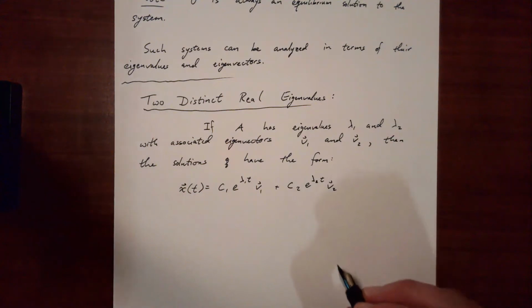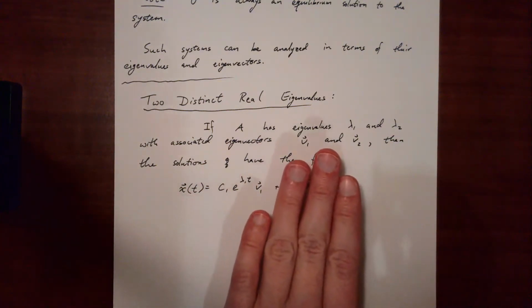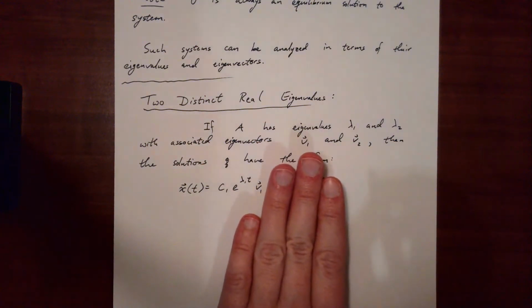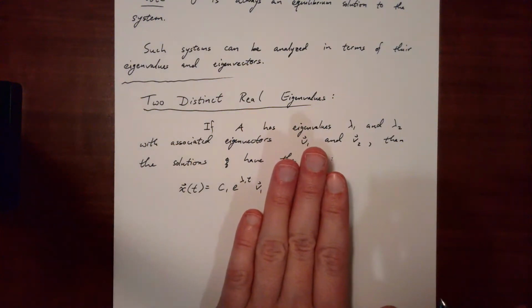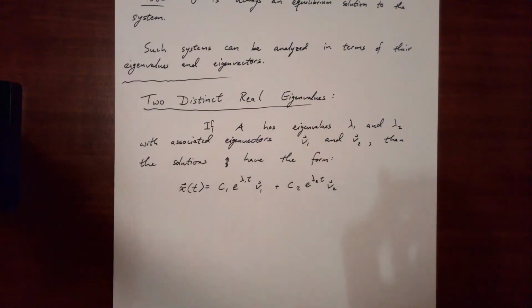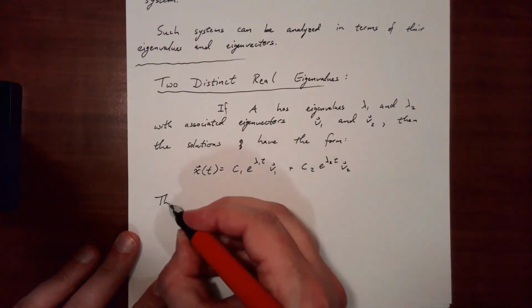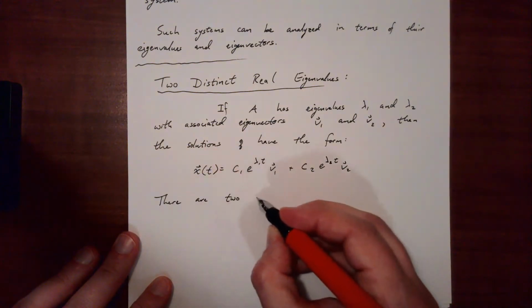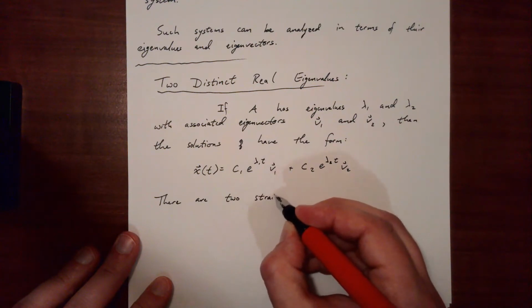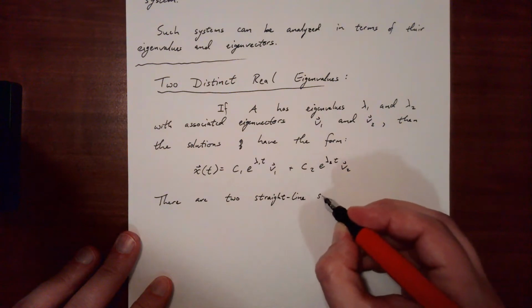Now, if we untangle what this means, if we assume that the initial conditions are such that this one disappears, and there's always some such initial condition, then what we have over here would just be a line, and similarly over here. So there are two straight line solutions.